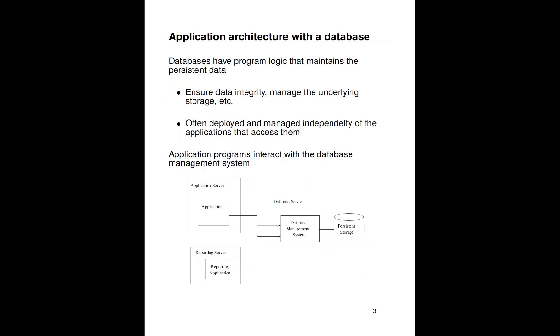Now, a database, generally speaking, is a piece of software that manages data, and persistent data almost always. What this does is that it ensures that your data has integrity, that it has the state that you expect it to, and it also manages the underlying storage, how clients interact with it, things like that. It's very common to see databases deployed and managed completely separately from the applications that access them.